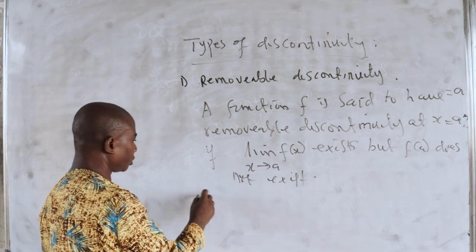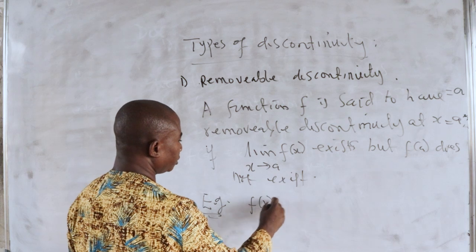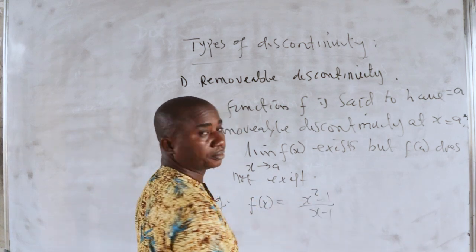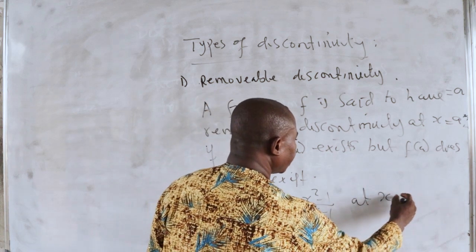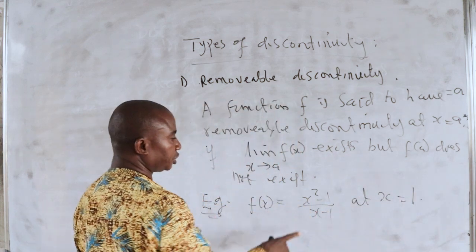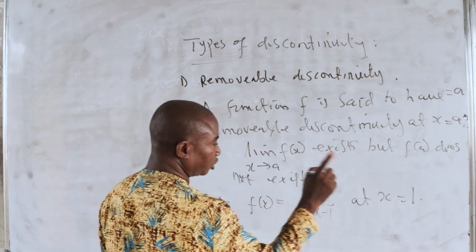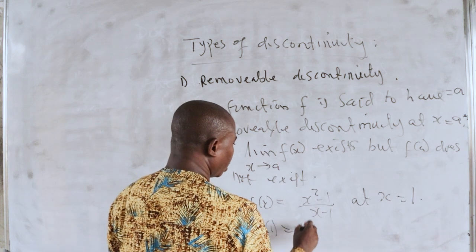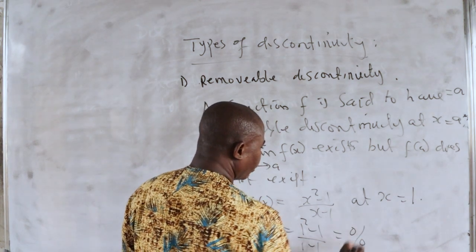Example, if we take f of x to be equal to x squared minus 1 divided by x minus 1, then at x equals 1, we want to see whether this has a removable discontinuity or not. First, observe that at x equals 1, f of 1 is 1 squared minus 1 over 1 minus 1, which is 0 over 0.